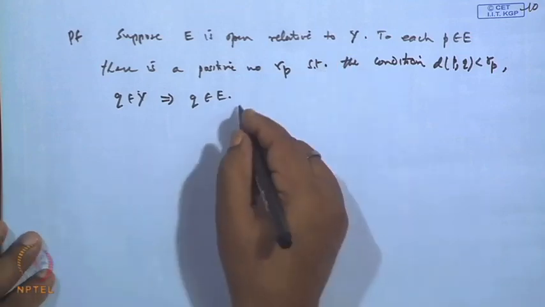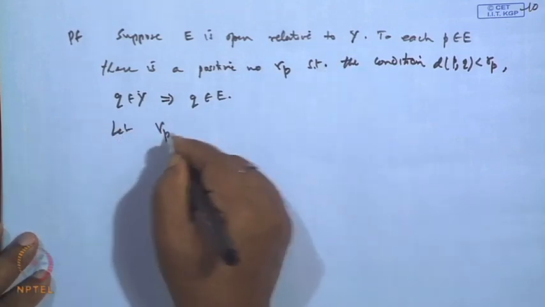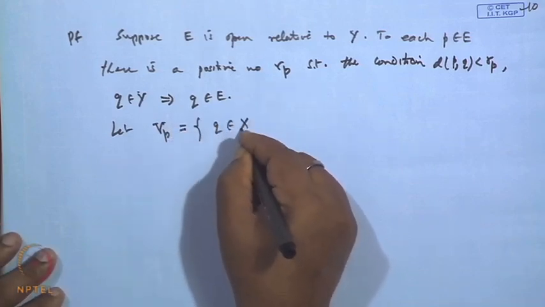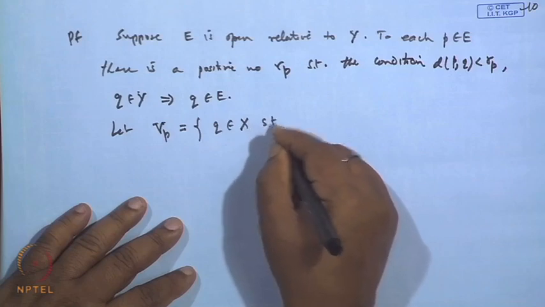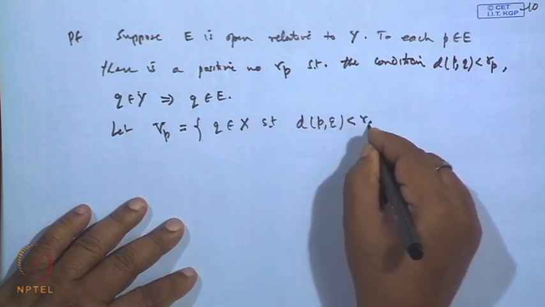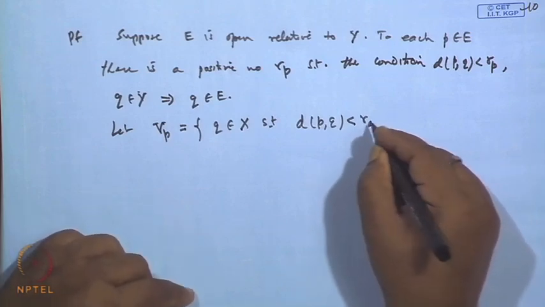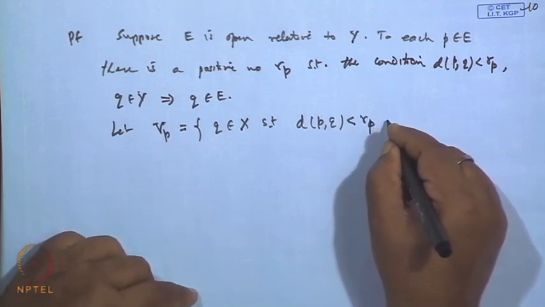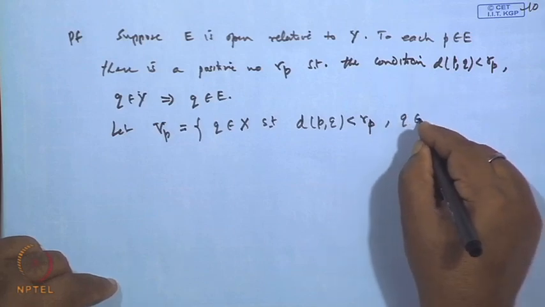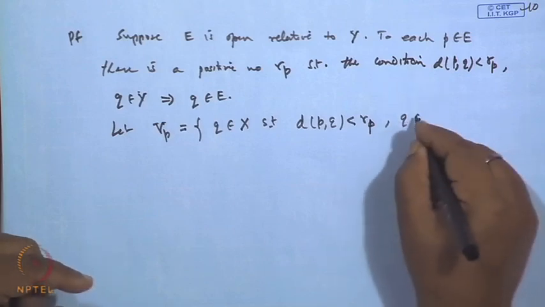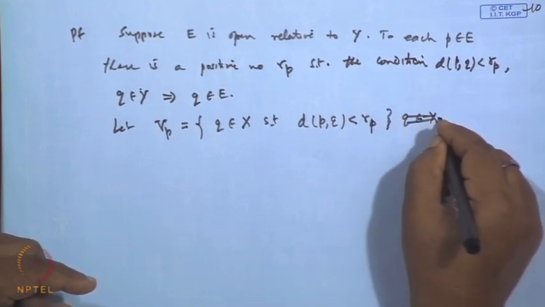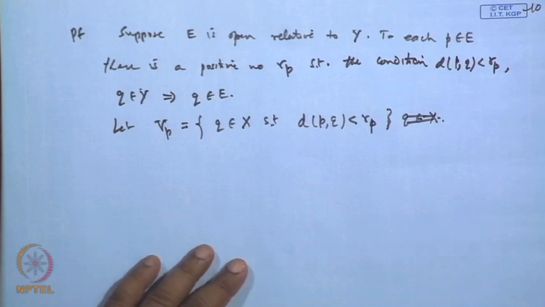Now let us consider B_p as the collection of all q belonging to X such that the distance d(p, q) is less than r_p.